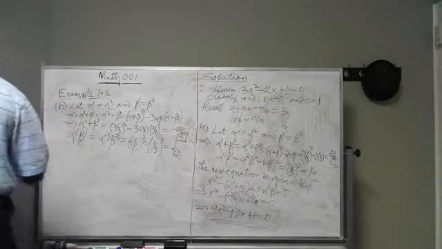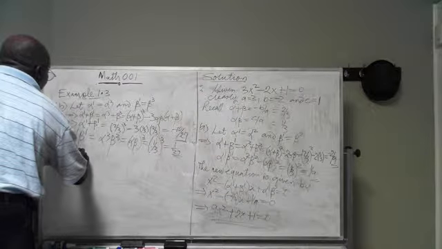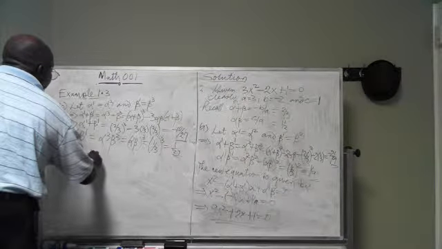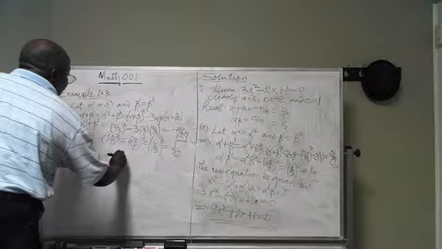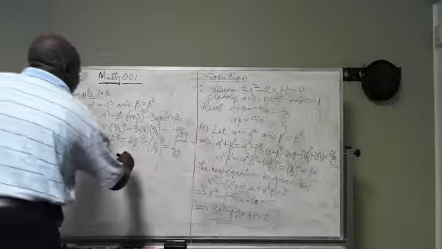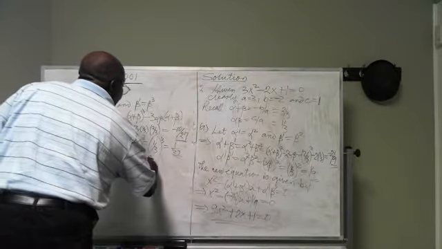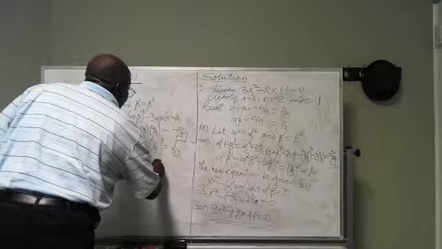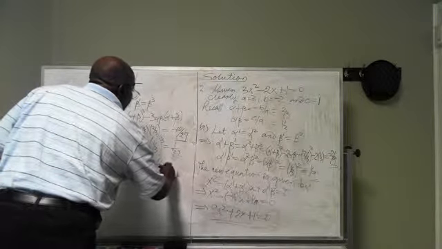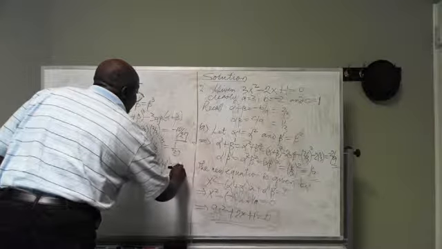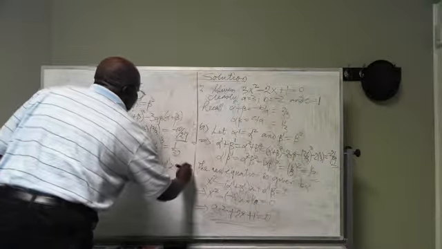And our new equation is given by x squared minus alpha prime plus beta prime x plus alpha prime beta prime equals 0.